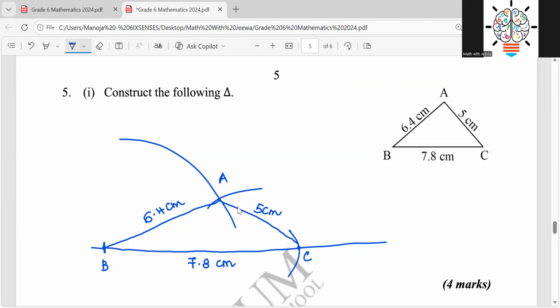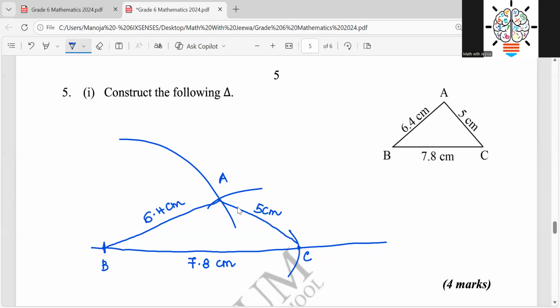To get the full marks, the 4 marks, your construction should be like this. If you have not shown the arcs like this properly, you don't get the marks. And if you have not named the corners ABC, then you don't get the full marks. If you have not written the length of each side, again, you don't get the full marks.